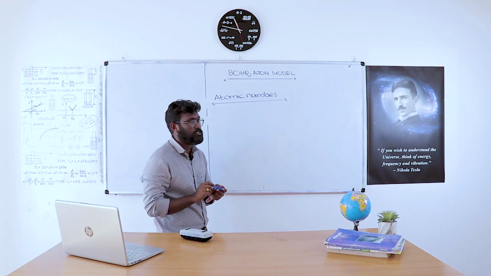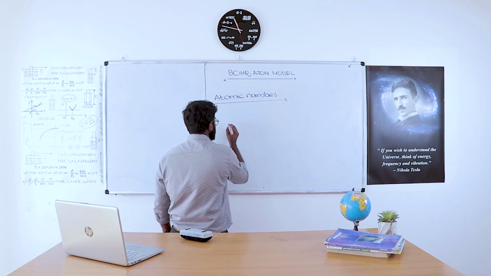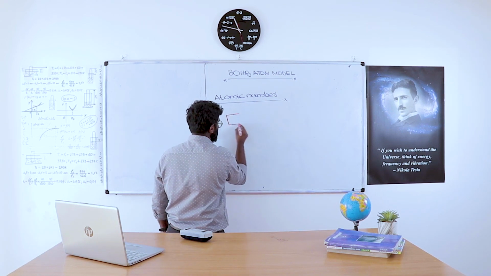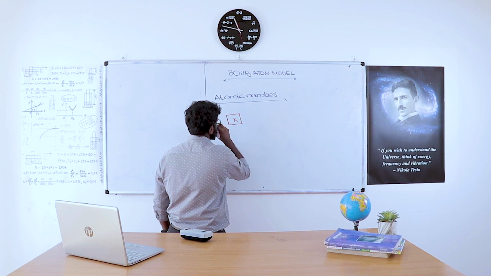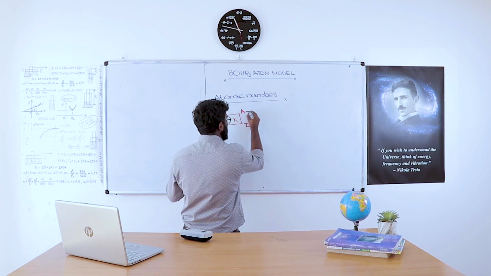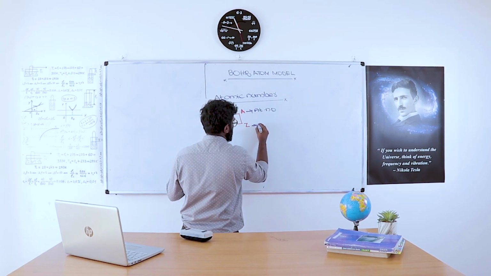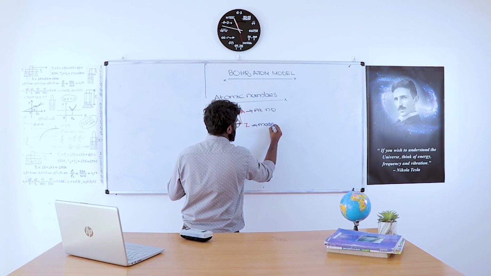So here is an element called X, written with A and Z, where A is called the atomic number and Z is called the mass number.